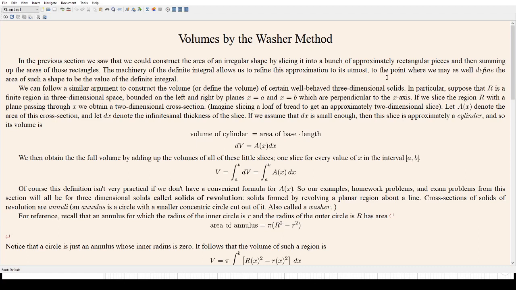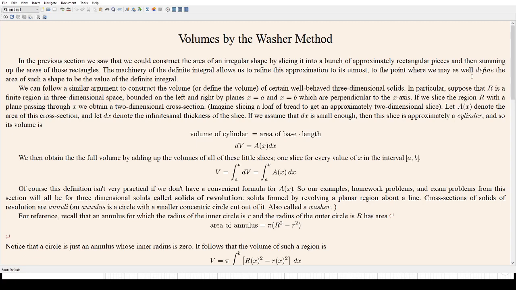In fact, this is maybe a technical point, but we could actually use this technique to define the area of an irregular shape. Strictly speaking, we really only know the areas of rectangles and circles. They are defined by their formulas. So we could use this whole method to define the areas of these other irregular shapes.